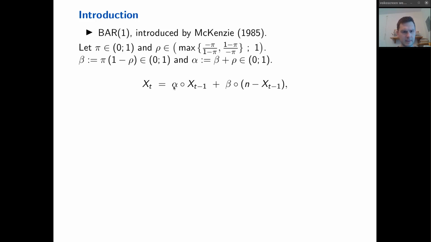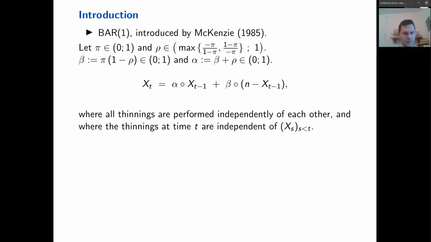We can look at this first term as a survival of the previously observed counts, or if you think in objects, some objects staying active with probability alpha, and other objects being activated with probability beta.